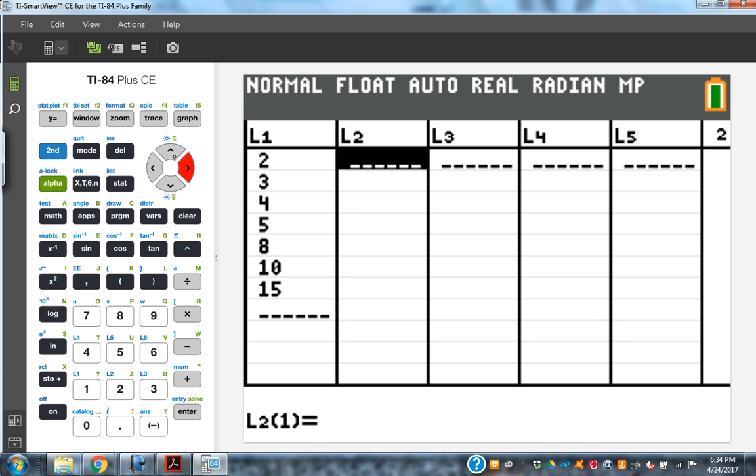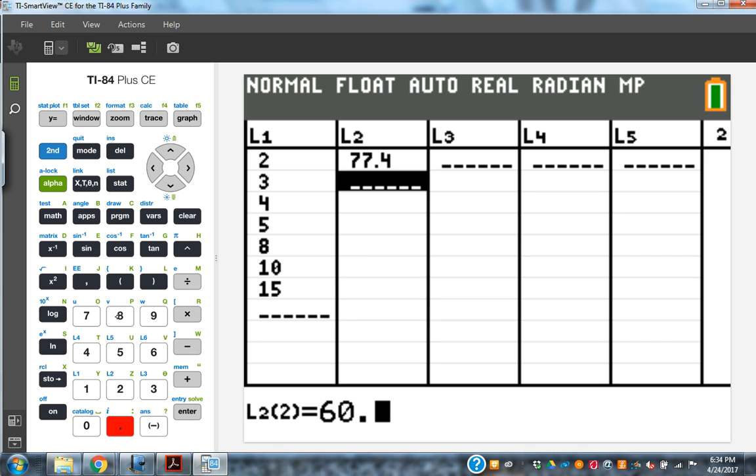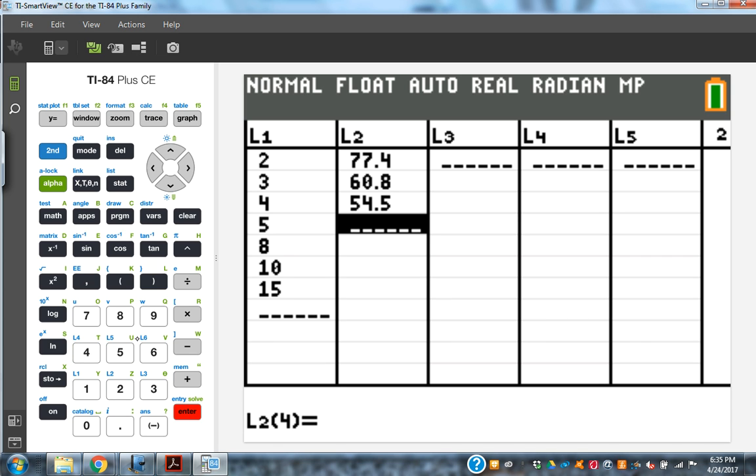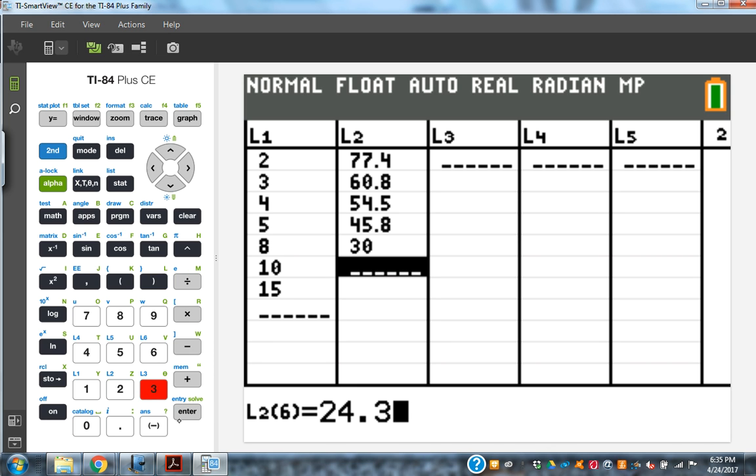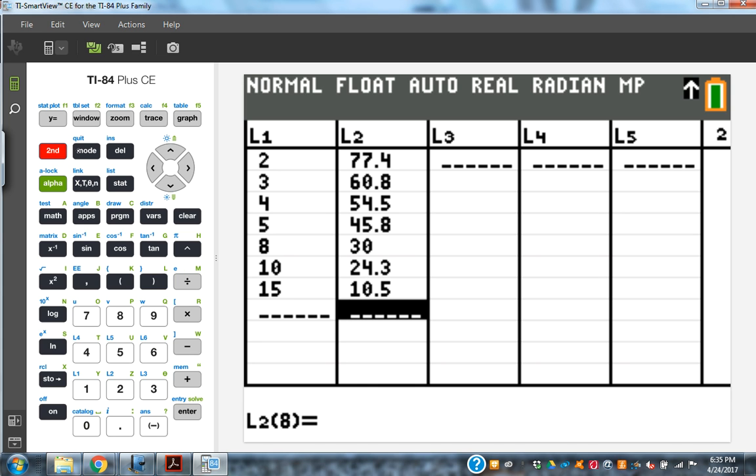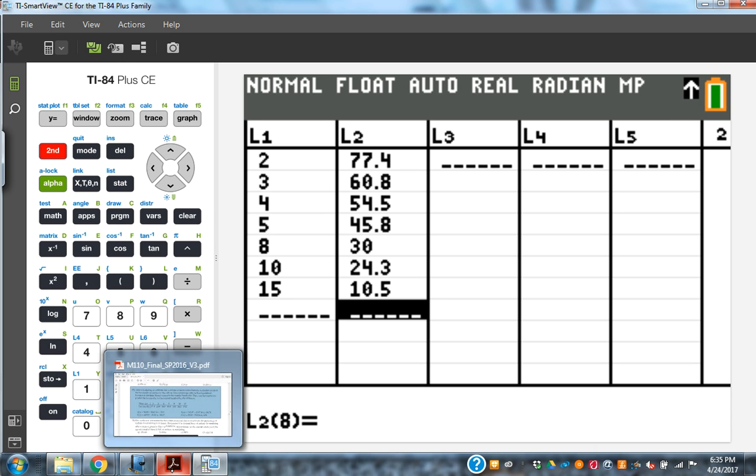And then in list 2, I'm going to put those luminosities. Make sure everything's paired up the way it is in our table. I think it is. Okay.